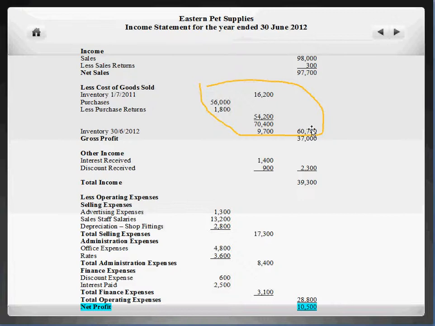Hopefully this has made it a bit clearer for you how this summary column works, and then the two working columns work in practice. But the main thing to keep in mind is that don't do any calculations off this sheet. Record on your income statement the balances of your accounts, your individual accounts.